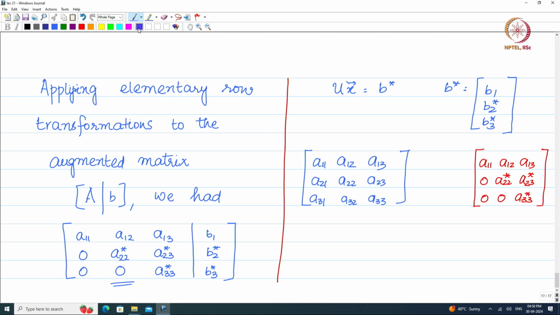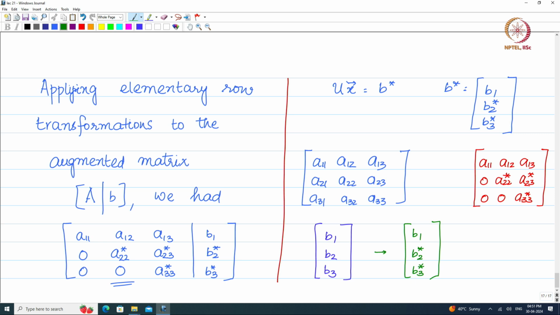Similarly, the original B matrix was B1, B2, B3, and after application of the elementary row transformations, we end up getting this B star matrix, which is B1, B2 star and B3 star. Basically, you apply a series of these elementary row transformations.